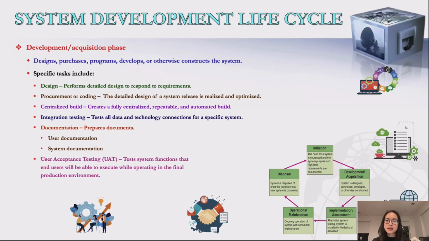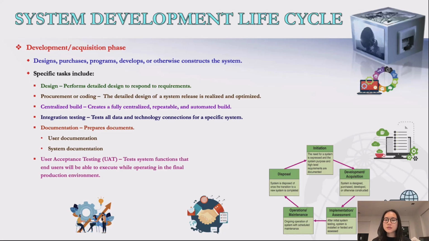The detailed design of a system is realized and optimized with the intent that it will be handed off for a centralized and repeatable build that can be used for distribution deployment, quality assurance, and sign-off tests in downstream phases and environments. All data and technology connections are tested for a specific system moving through this system development lifecycle.